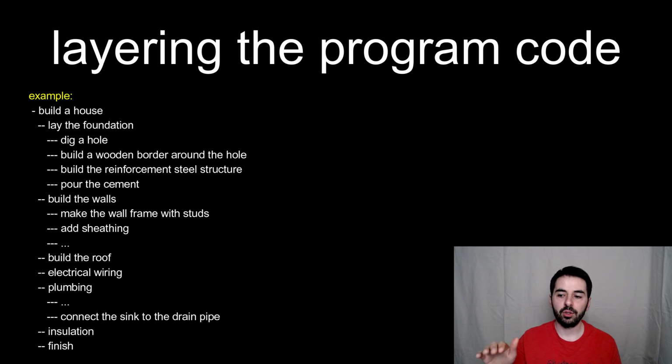So the very bottom layer, let's say in plumbing, right? In plumbing there is some piping, and let's say you do some piping under the sink. The function which does that should not interact anyhow with the function that says build the roof or lay the foundation or build the walls.